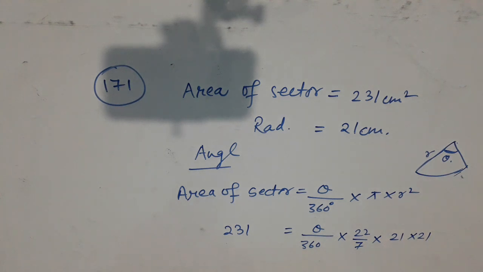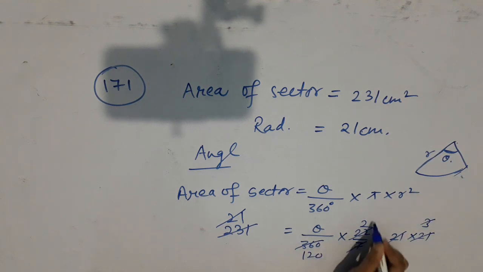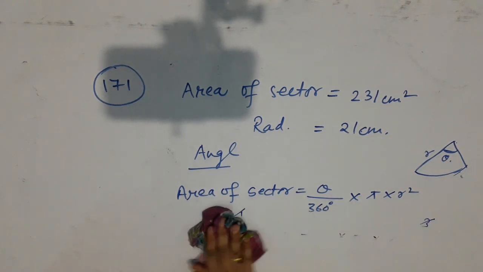So let's cancel it out. 11 2 is 22, 11 1 is 11, 21 21 cancel, 7 3 is 21. You will find theta is equal to 60 degree, and that is option number C. Now let's move on to the next question.